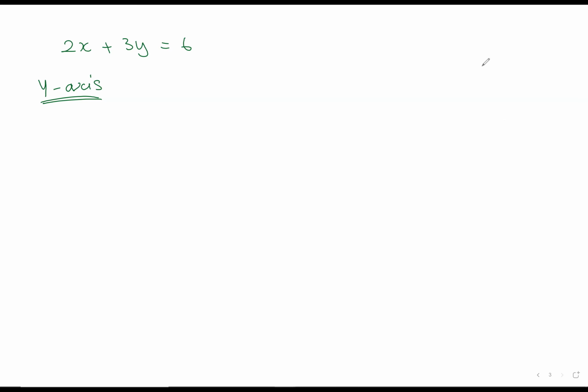Any point on the y-axis will look like 0, y. Like the first part, the x part of it will be 0 and the y part of it will be something.